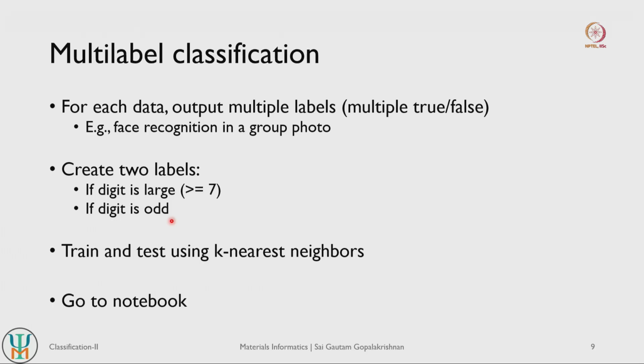One is whether the digit that we are exposing the model to is a large digit, so whether it is greater than or equal to 7, and whether it is an odd digit, so whether it is 1, 3, 5, 7 or 9. For this multi-label exercise we are going to use a different classification model called k nearest neighbors. Once again we will go through the details a little later.